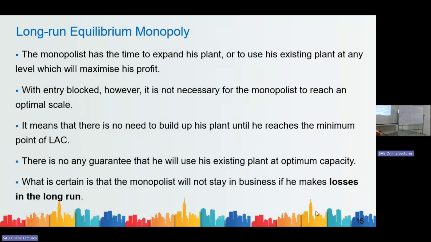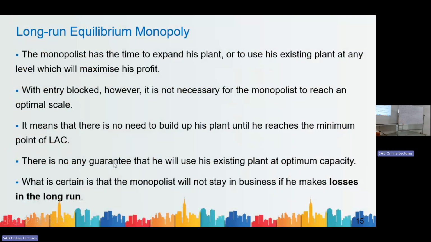And that is possible because no other firms can enter the industry. They can maintain the monopoly in the industry. Therefore, the monopolist can control the price, and can maximize profits by earning economic profits rather than economic losses or normal profits.